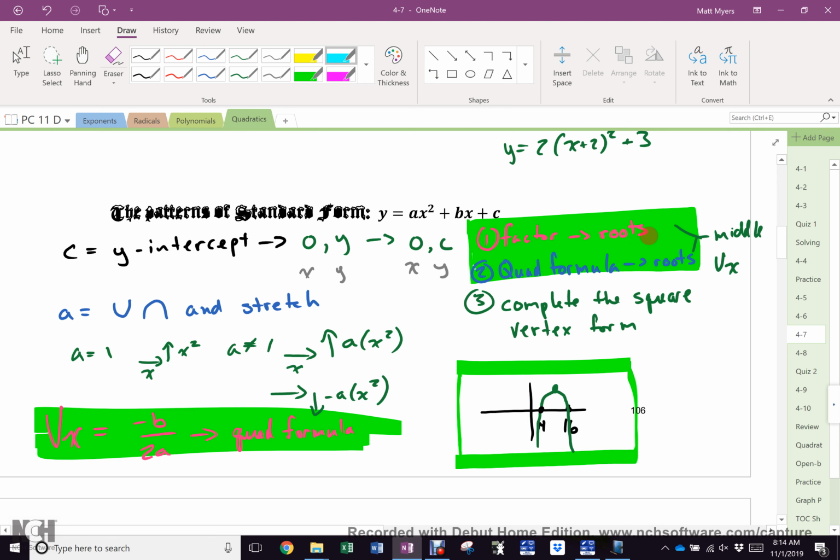If we can't factor it and the quad formula is yucky, it doesn't give us nice numbers, then we can go to this part of the quad formula, which gives us the value of the vertex's x coordinate. The only problem with that is a vertex has two coordinates, yes? An x and a y. So you've got to take that x and remember to put it back in here.